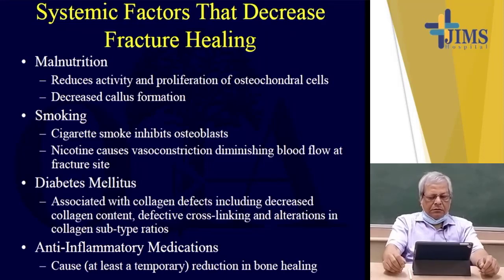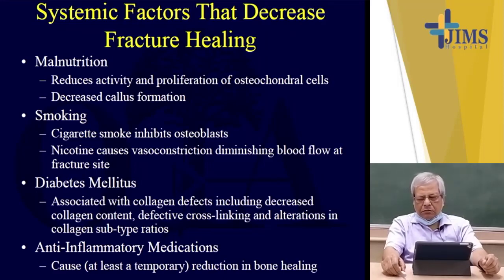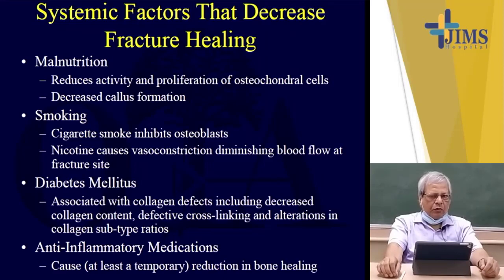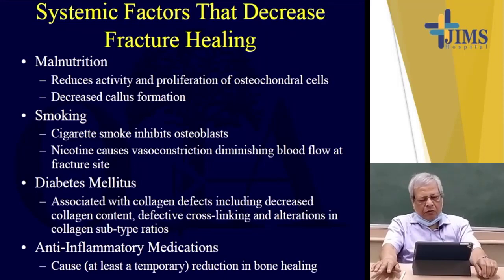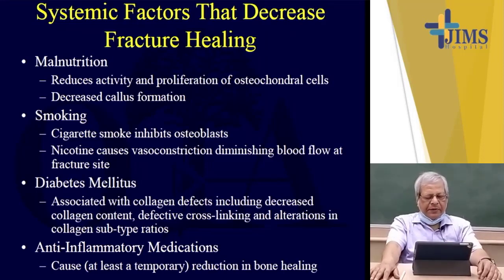Smoking. Whenever the patient undergoes a surgery for non-union, if he is a smoker or he takes any type of tobacco containing nicotine, the chance of union is much less. This is well documented, evidence-based.